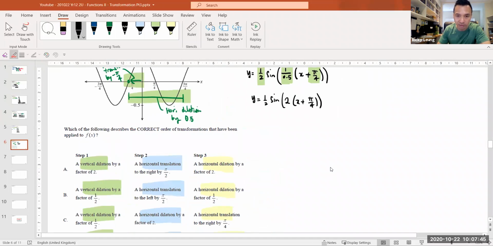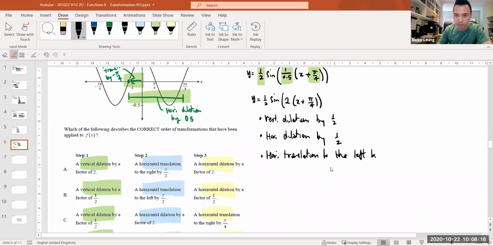Just to be clear, if I wanted the order, I'd say vertical dilation by a factor of 1/2, and then horizontal dilation by a factor of 1/2, and then horizontal translation to the left by pi on 4.